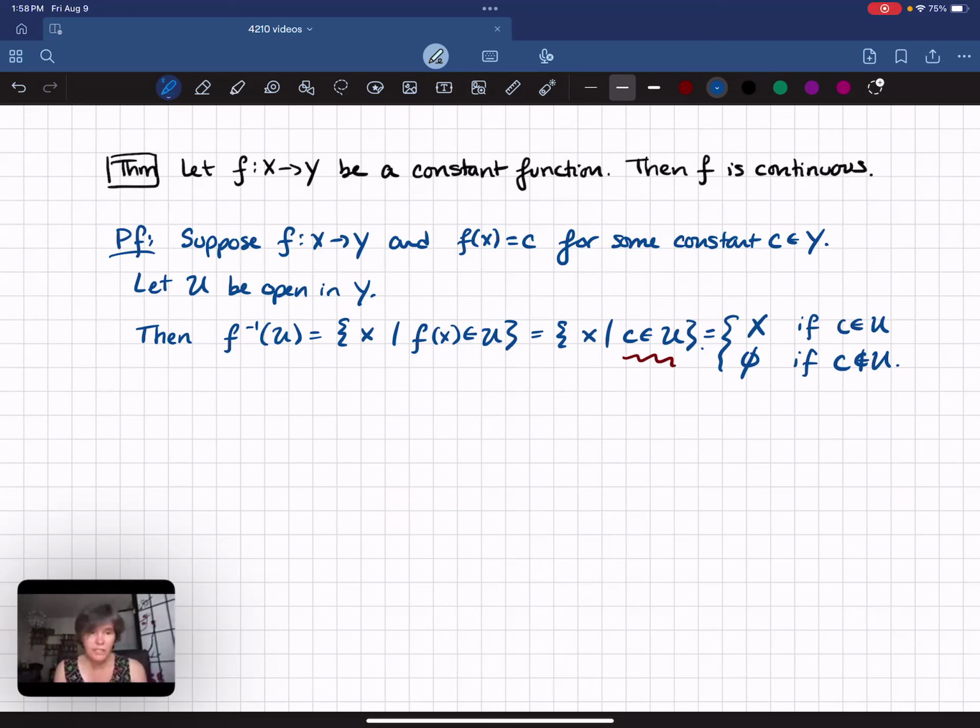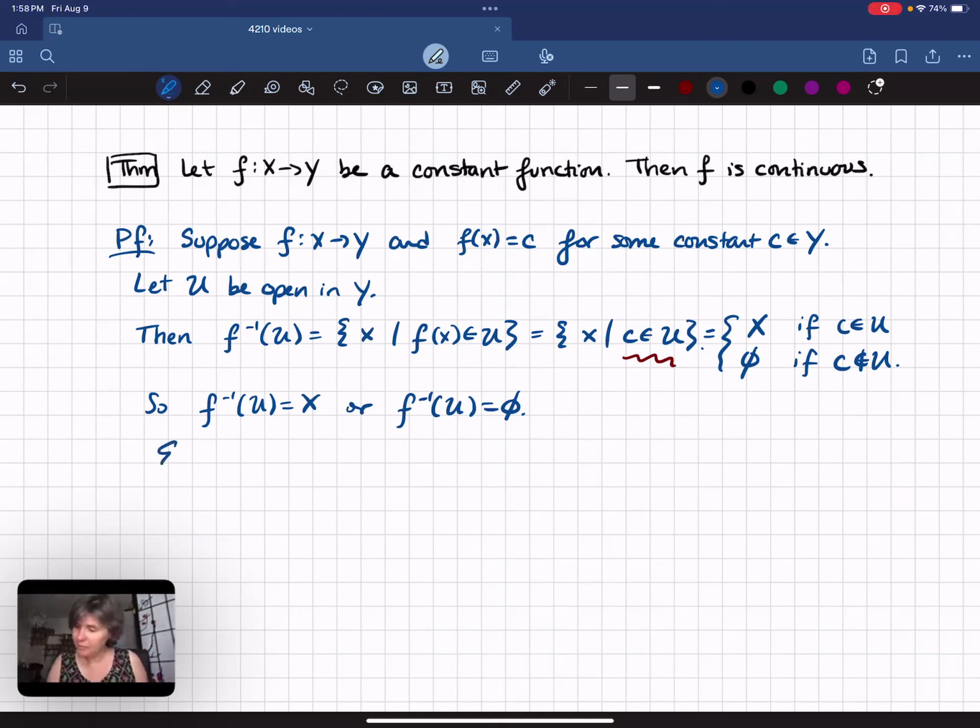So f inverse of u is either x or f inverse of u is empty. It's either the whole space or it's nothing. And it doesn't matter what topology x has, we know that in every topology, the whole space x and the empty set are the two sets that always have to be open.